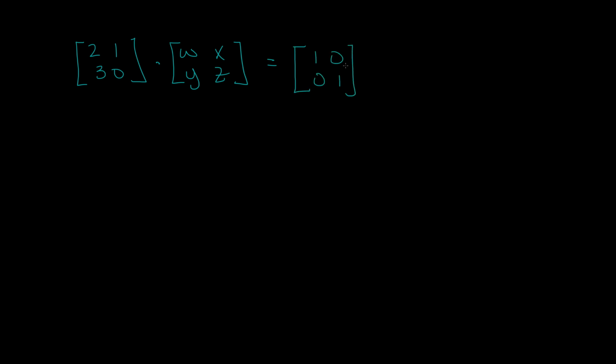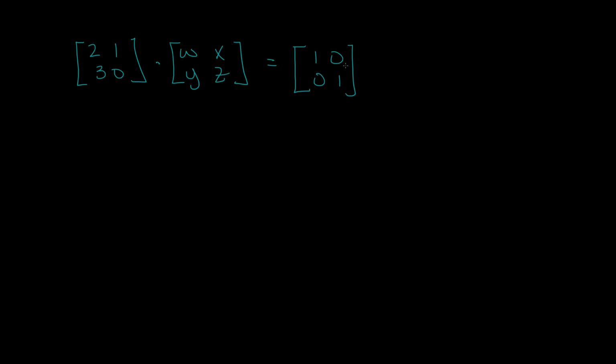We would be looking at our matrix, which we write out again, multiplied by something to equal the identity matrix 1, 0, 0, 1. We've seen this identity matrix before when we were looking at systems of equations.